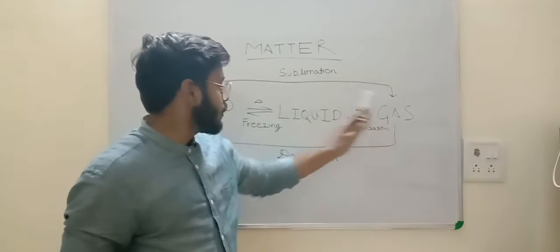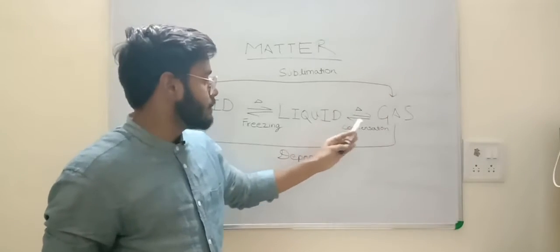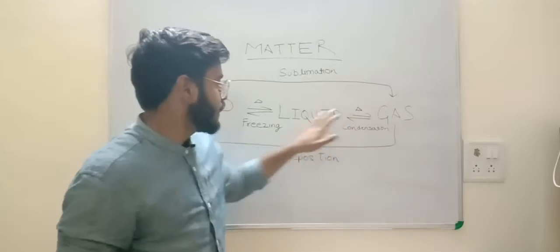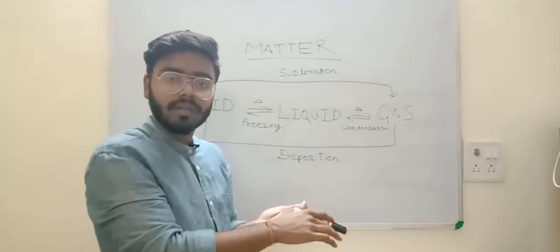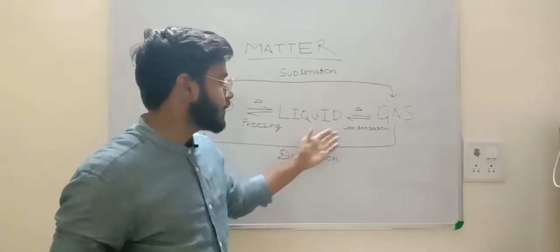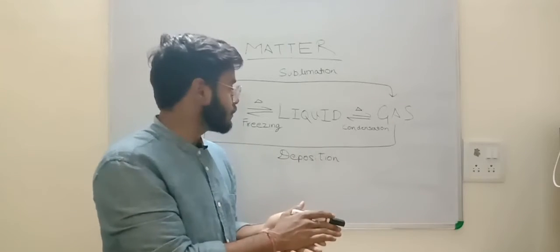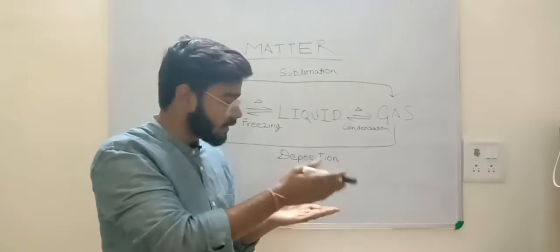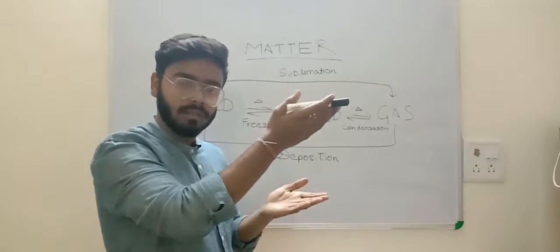Now the gas can also be turned back into liquid by the process of condensation. Condensation is a process in which the gas turns back into liquid by lowering its temperature. So what you need to do is take a beaker, put some water in it and heat the water. Then you will see the water turns into a gas.